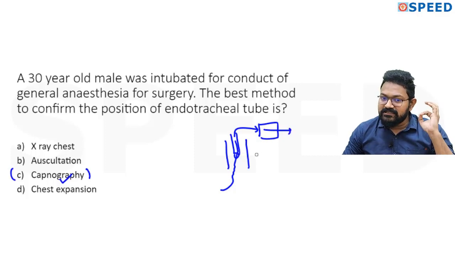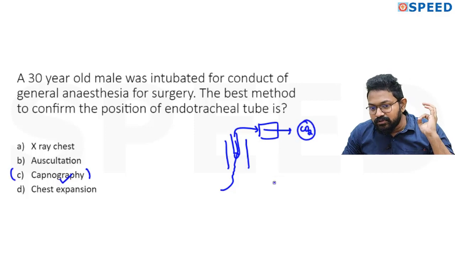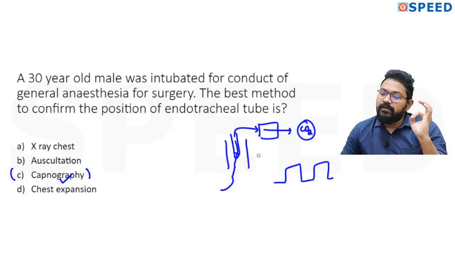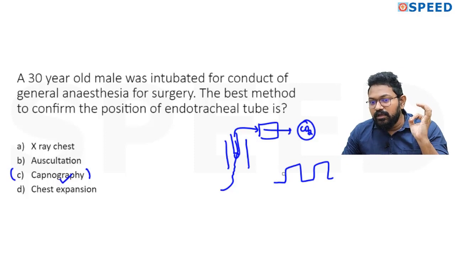In this expired air, you are going to have carbon dioxide. Because of the carbon dioxide, you are going to get that particular conventional graph in your capnograph. So, this is how you confirm intubation. The golden standard of confirmation of intubation is capnography. You are supposed to get this graph after you put the tube in the trachea in the correct position.